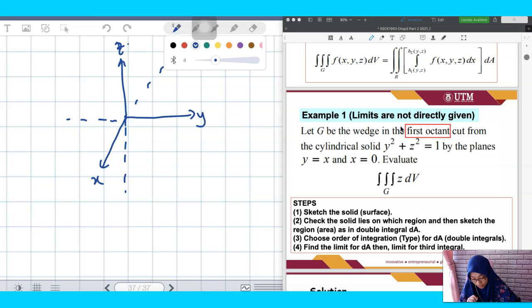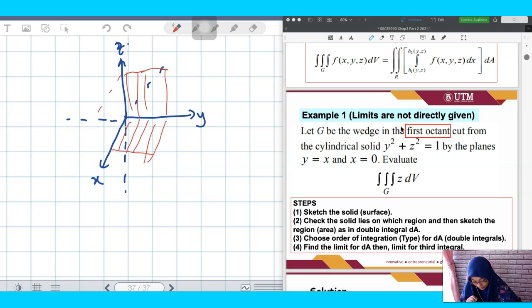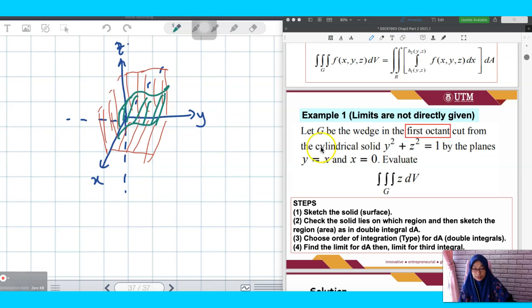So it should be in this region. Your surface, your graph should be only this area. Okay, they are all positive.